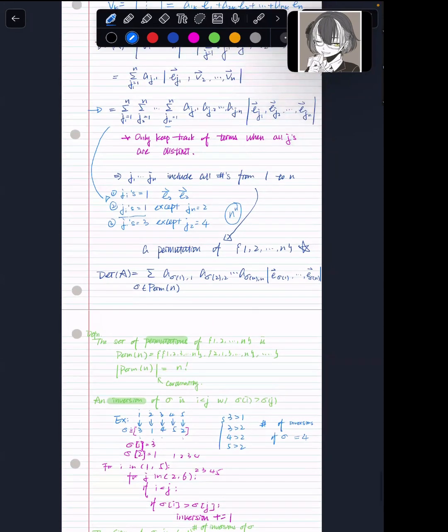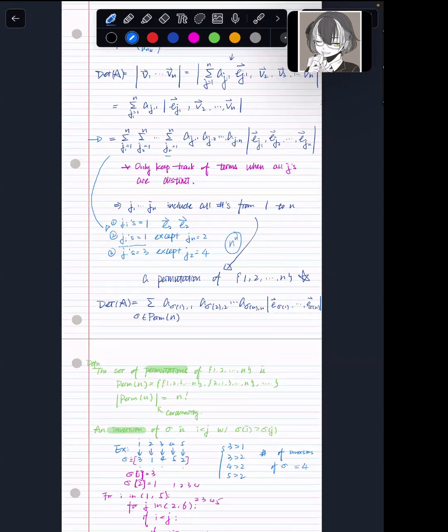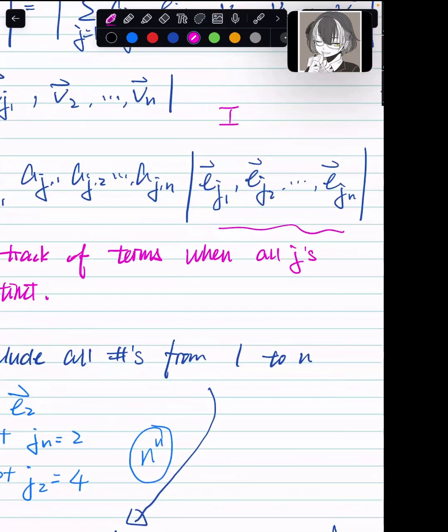So since we have this matrix right here, we know that it should be a permutation of 1 through n. That means this is very similar to the identity matrix, but with some permutation going on. A permutation of columns is basically some column swaps.